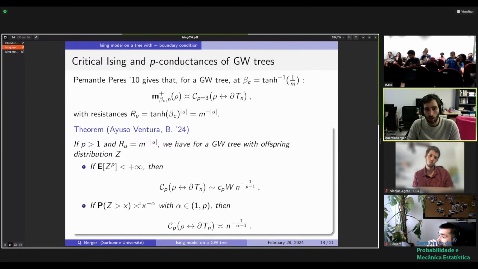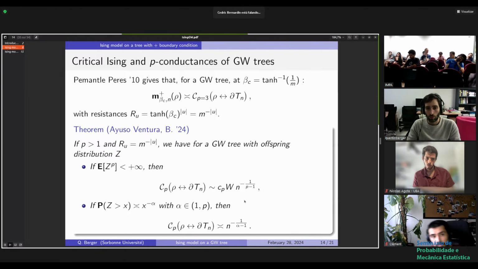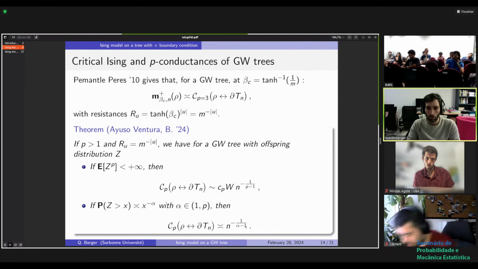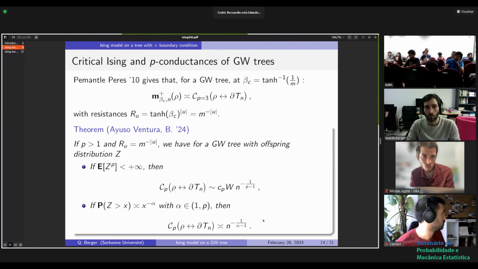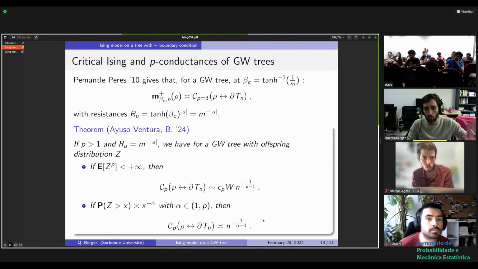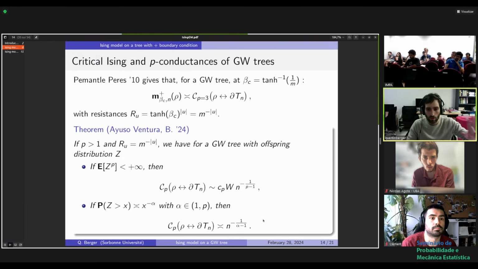And if you have a heavy tail with parameter alpha between 1 and p, you have to replace this p minus 1 by alpha minus 1. So it still goes to 0, but not at the same speed. In our main theorem, I was just interested in knowing whether this goes to 0 or not. Okay, makes sense. Okay, thank you.